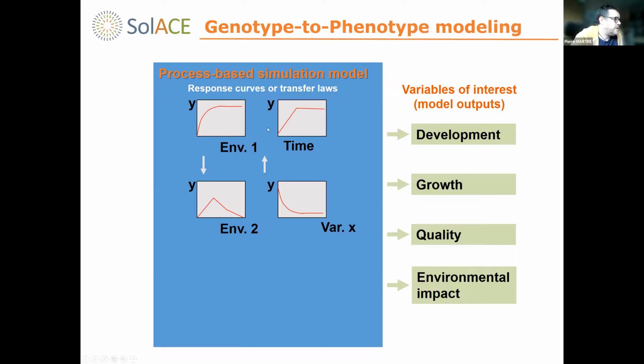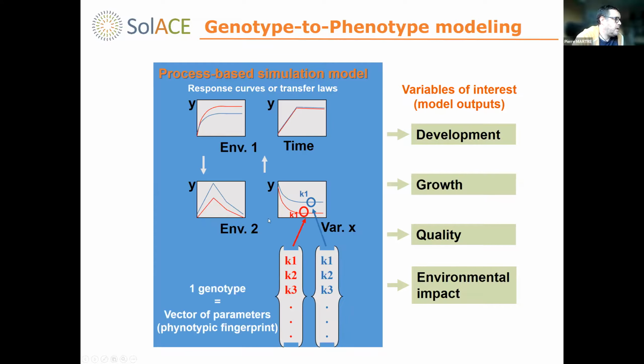The way we can put genetic variability in here is through the parameters of this relationship, because different genotypes may have different values for some of the parameters that define this relationship. In the process-based models we developed, we try to have parameters that have biological meaning, and as much as possible parameters that we can measure directly.